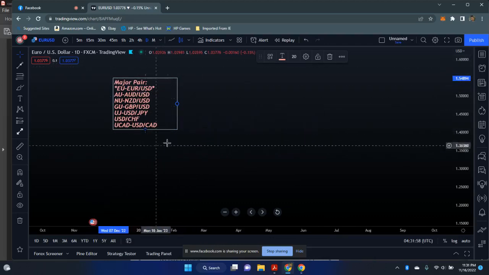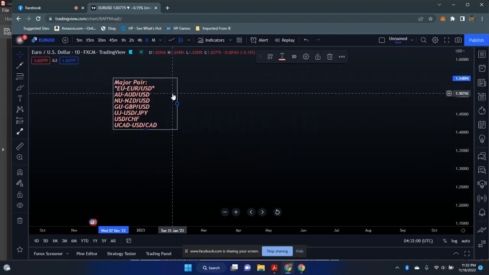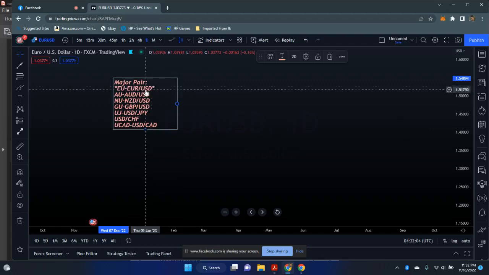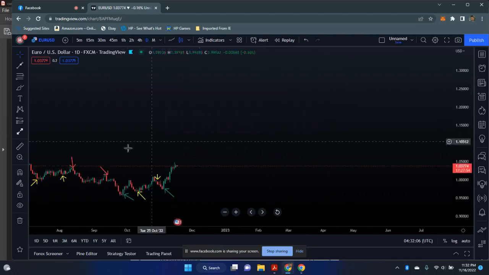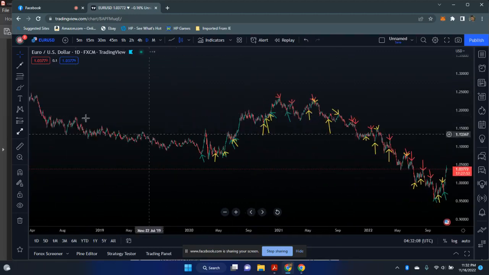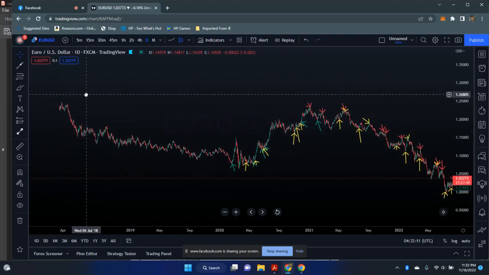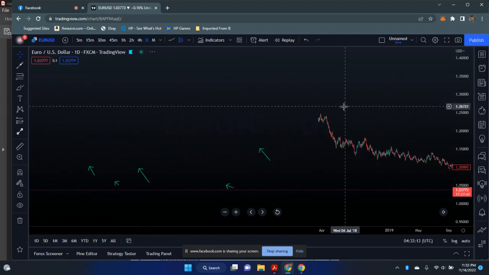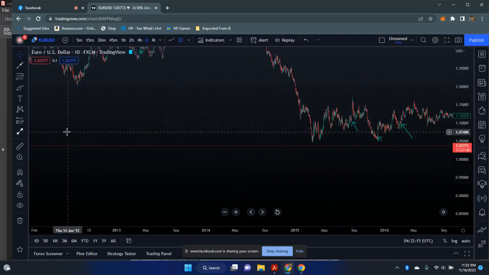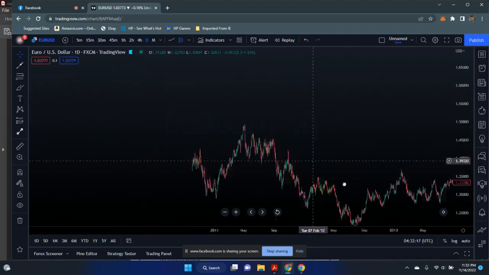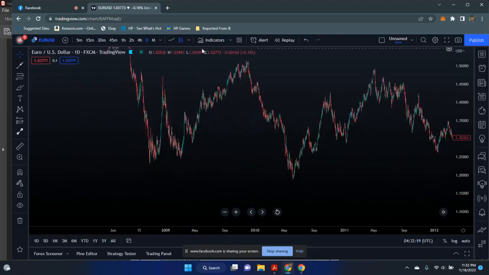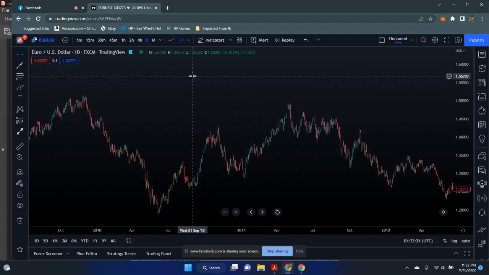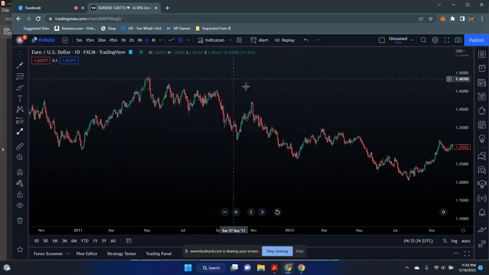I recommend that if you start trading, you start with these pairs to get to know how Forex is. Go back in the market as far as the free version of TradingView allows you to.